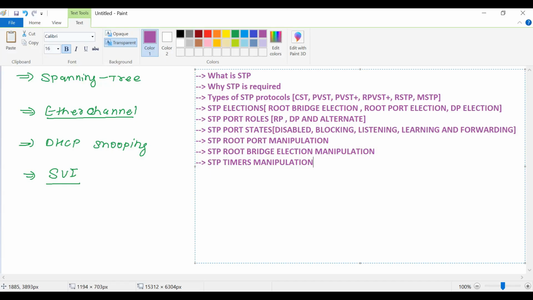Then in EtherChannel: what is EtherChannel?